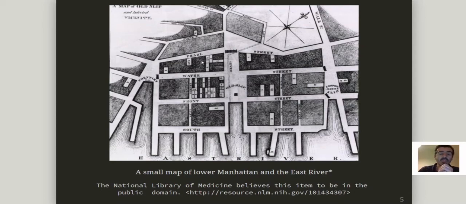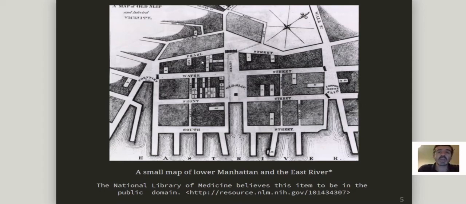Think for a moment of the impact this kind of map had at that time. What was the role of this map for people in charge of health in this area? Was this helpful? It certainly was.